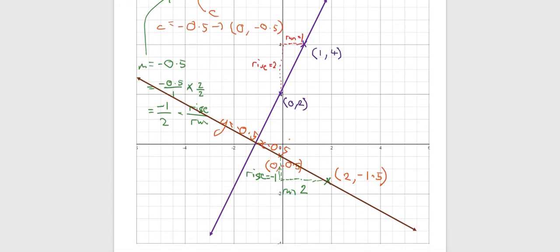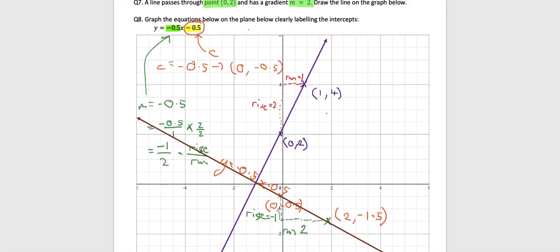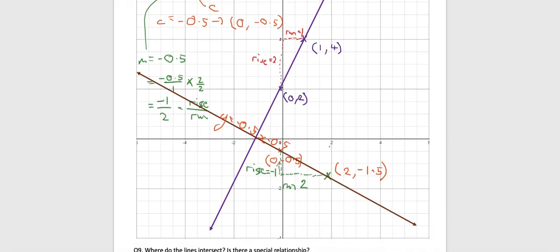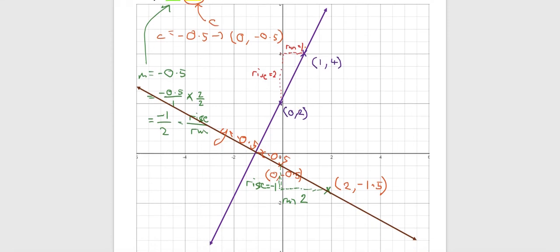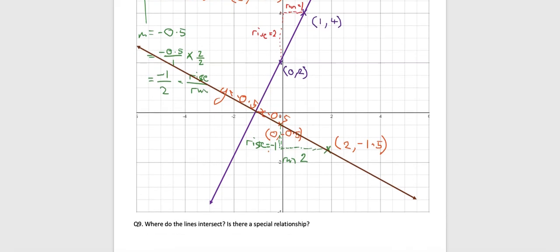So a little bit messy, but it's alright because this is just an example of all of the processes that we can do. In time, when we practice a little bit more, we won't have to put in all of this information, so we can leave off these boxes for rise and run, and we can leave off the calculations here, and we'll simply just have a line and our equation on top.